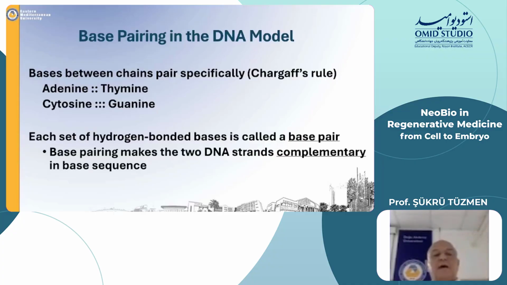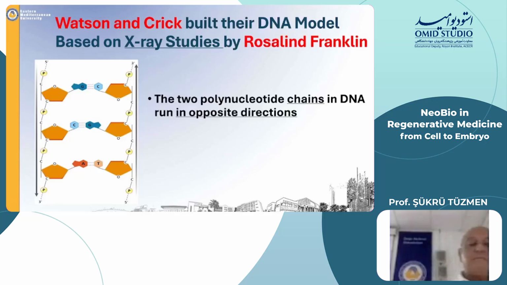Having talked about base pairing through Chargaff's rules, we know there is complementation between these bases. Adenine is complementary to thymine, and cytosine is complementary to guanine. And these dots represent the number of hydrogen bonds that are made between these two complementary bases.